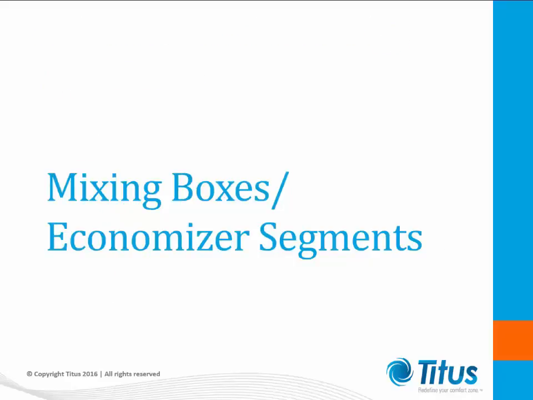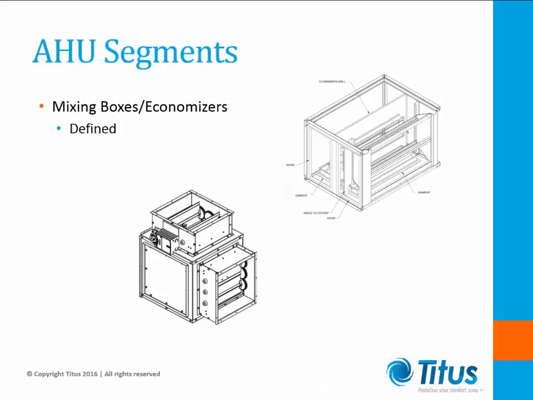As you may recall, we briefly touched on the use of mixing and economizer boxes. Mixing boxes and economizers play a starring role in many air handling unit configurations. The mixing box is a section of the air handling unit used to mix the return airflow with the outside airflow.